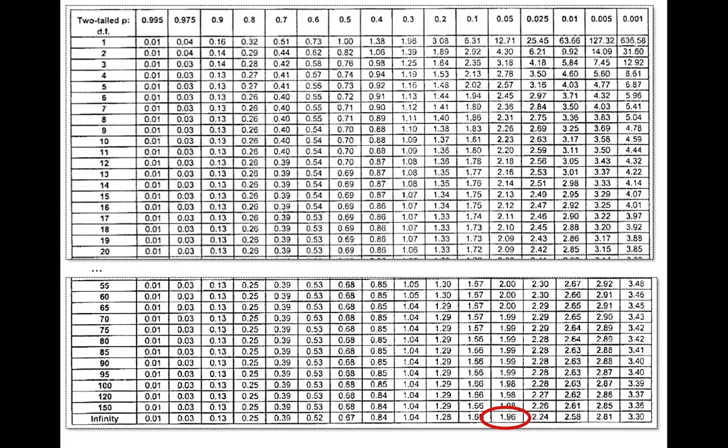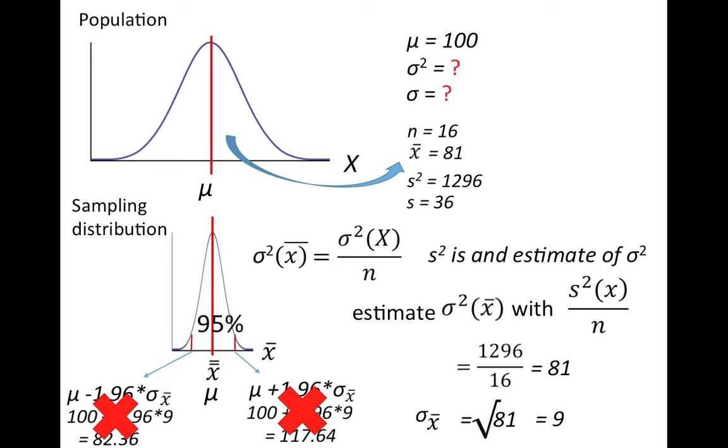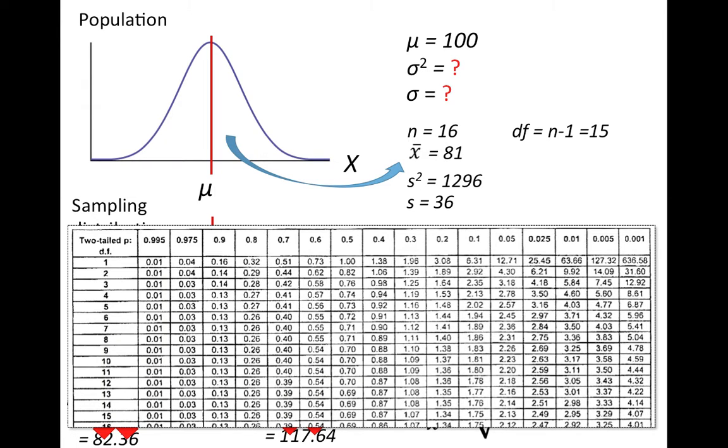Now let's go back to our example. Here we had a sample size of 16. That means that our degrees of freedom is n minus 1, that is 16 minus 1, which is 15. Now look in the t-table at 15 degrees of freedom and for our critical p-value of 5%.